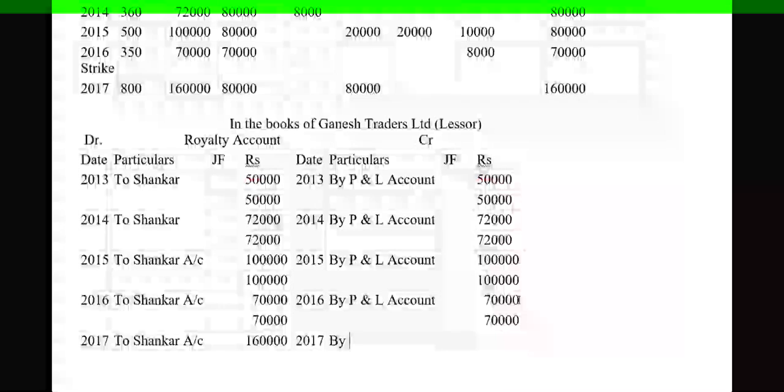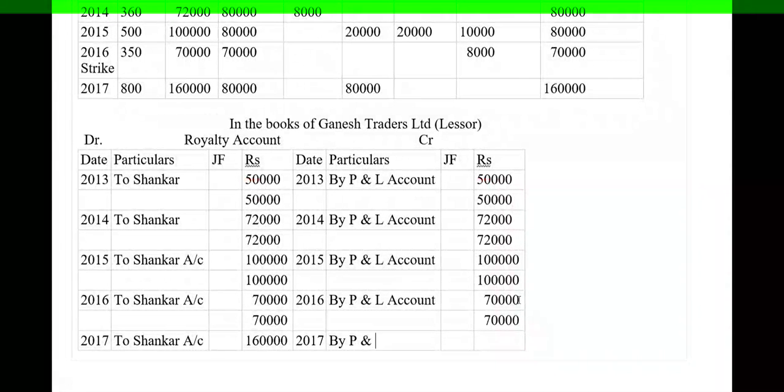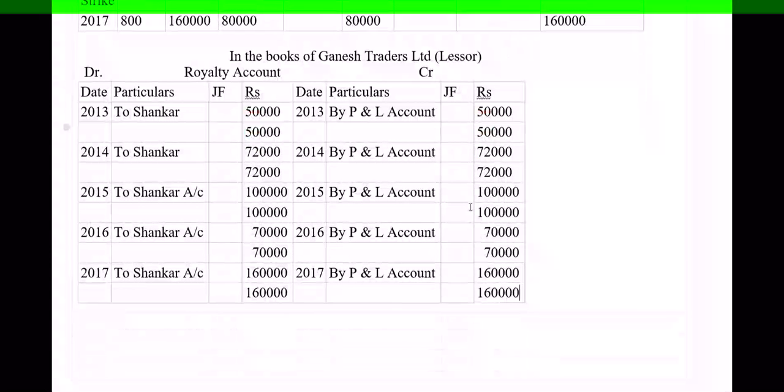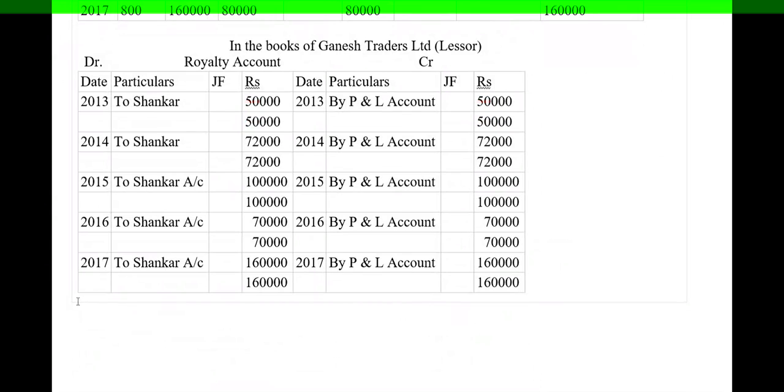So royalty account is credited by P&L account, 1,60,000. So let me take the total here. 1,60,000. So here also 1,60,000.